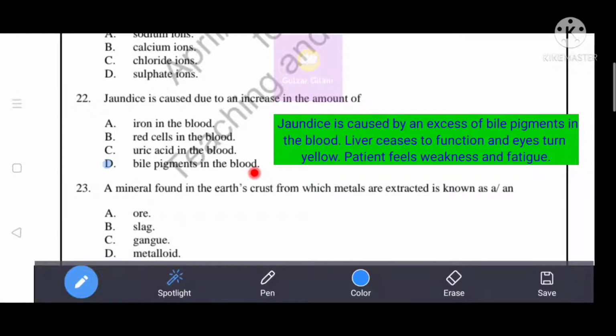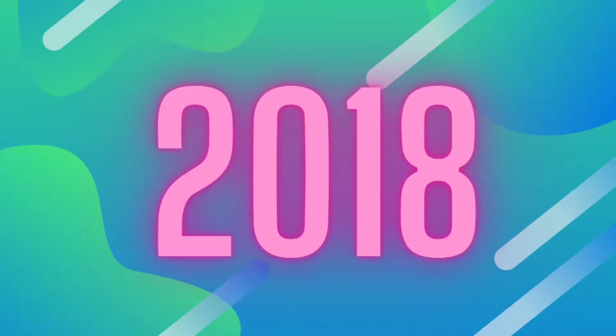Liver ceases to function and eyes turn yellow. Patient feels weakness and fatigue. That's why option D, bile pigments in the blood, is the correct answer. Means D is the correct answer.